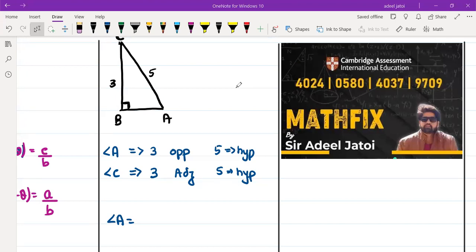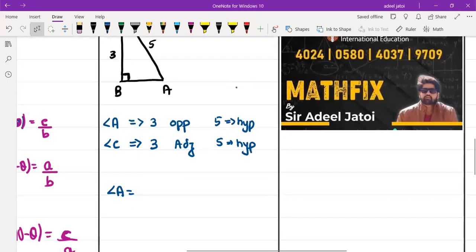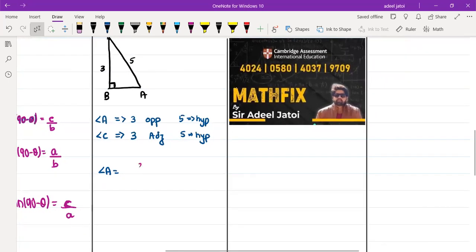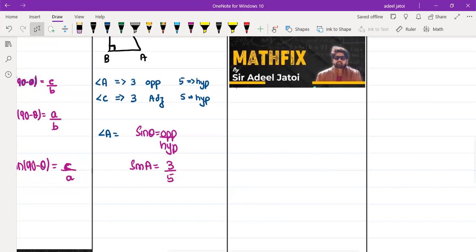So if we need to find angle A, we write sine theta is equal to opposite upon hypotenuse, which means sine A will be 3 upon 5. Since we need to find the angle, we will use the calculator. We use shift sine, which gives sine inverse.